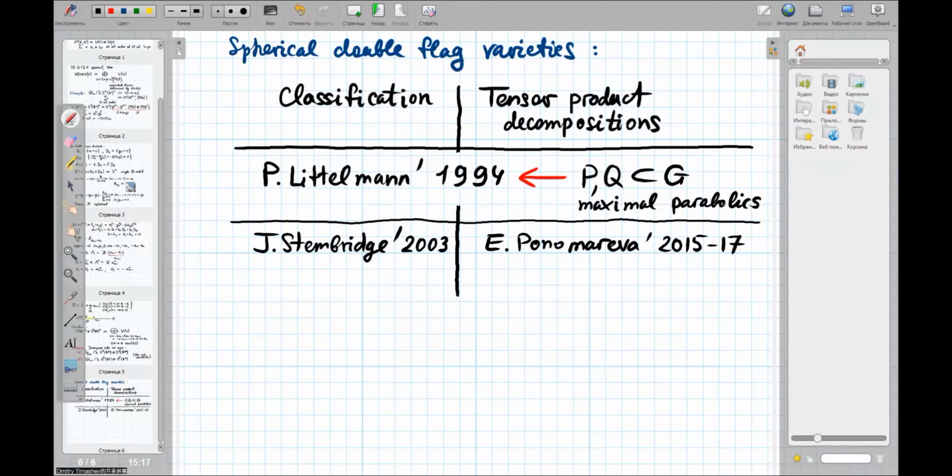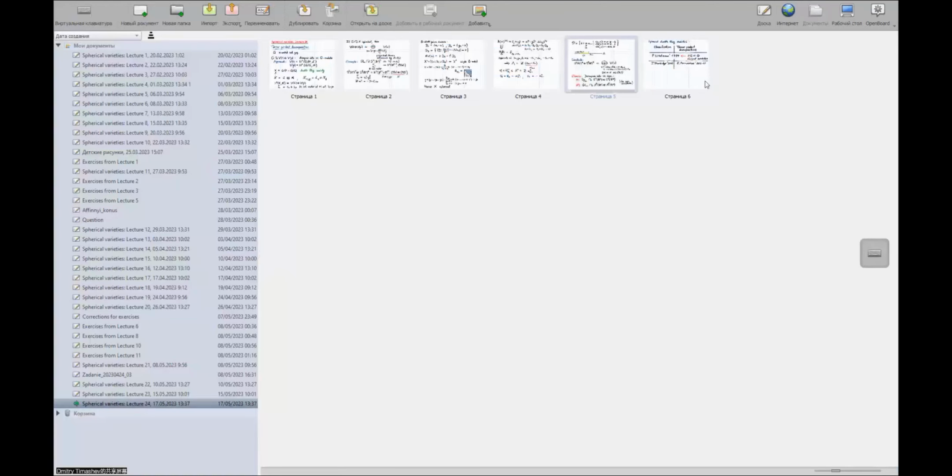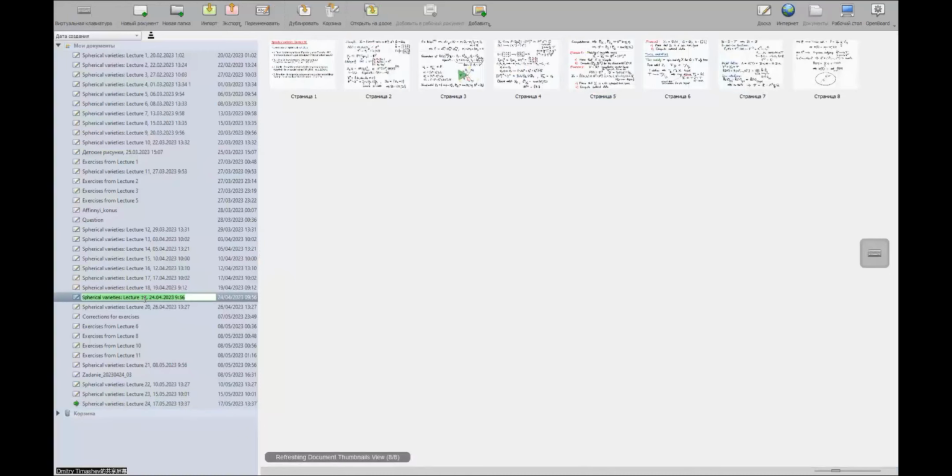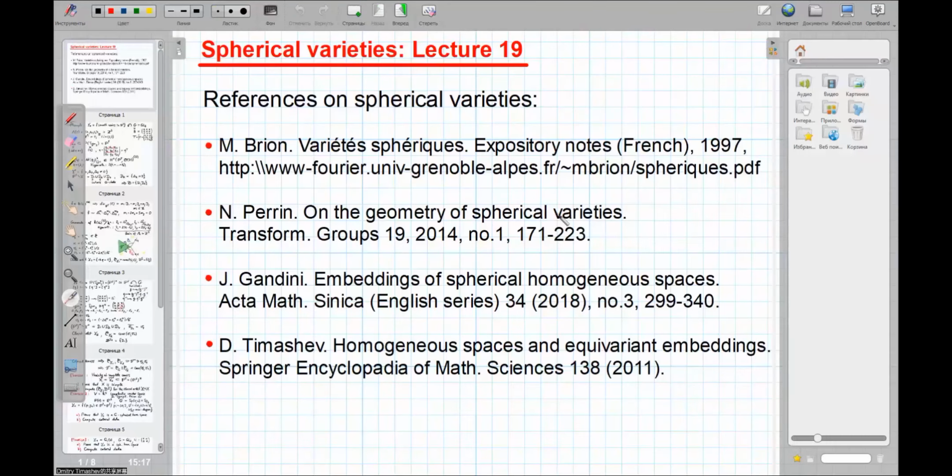And if you got interested in it, you may go further following the reading guidelines which I gave you some time ago. I gave you a reference list on spherical varieties in which some of the notes are expository.